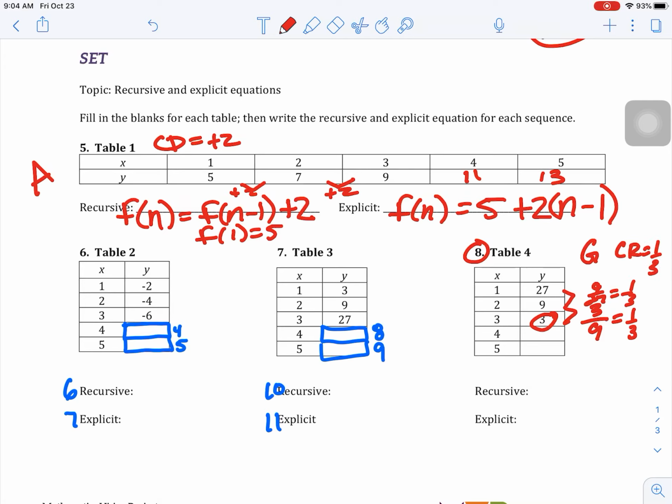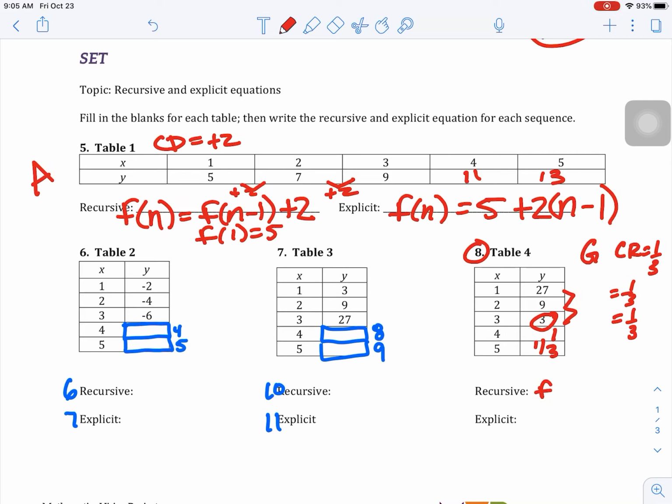And anytime you multiply by a fraction, it's going to make your sequence decrease. To get the rest of my terms, I need to keep multiplying by 1/3. So 3 times 1/3 is 1, and 1 times 1/3 is 1/3.